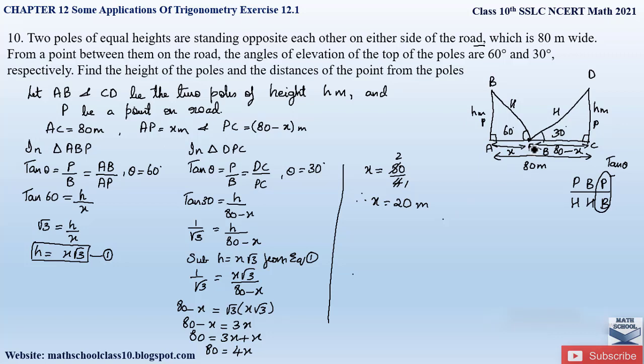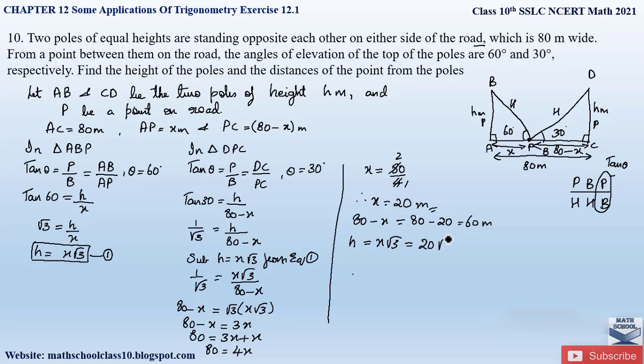Now let us find out the distance from P to point C, which is 80 minus x, right? So 80 minus x is 80 minus 20, which is equal to 60 meters. And also what they have asked is to find out the height of the poles. So the height of the pole is given from equation 1 as h is equal to x into root 3, where the x value is what? 20.